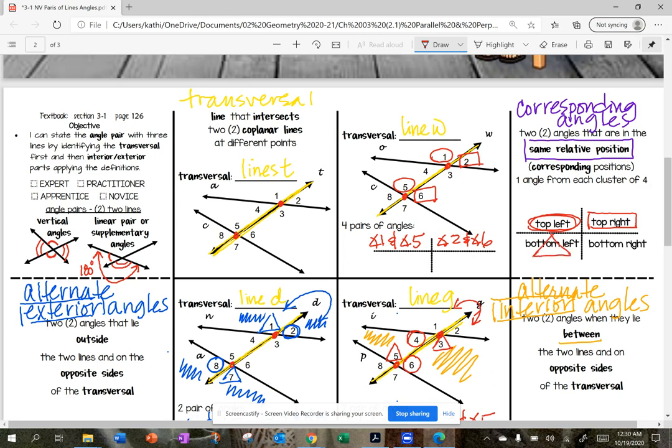Bottom left and bottom left are angle 4 and angle 8. And bottom right and bottom right are angle 3 and angle 7. So with corresponding, I have one angle on the interior and one angle on the exterior. Okay, that's the end.